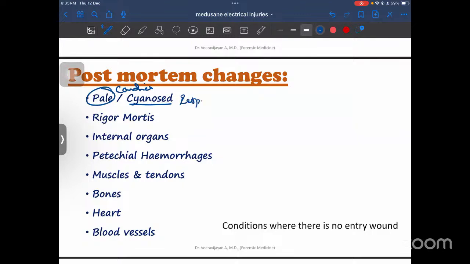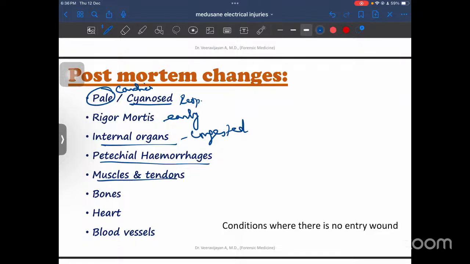In rigor mortis, in an electrocuted case, rigor mortis will appear early. All the internal organs will be congested. Petechial hemorrhages will be seen in visceral organs and along the pathway of the current. If the current flows from right hand to left hand, then we can sometimes appreciate these petechial hemorrhages along the pathway of the current.